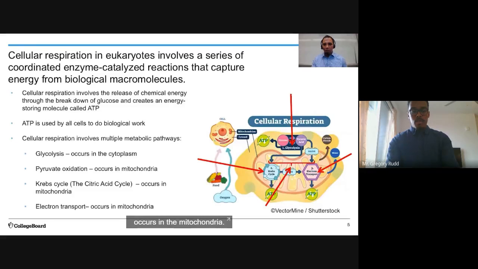So actually, let me add one more thing. Glycolysis, I can't spell. We've got these 4 processes that we were talking about. Number 1 is glycolysis. Number 2 is pyruvate oxidation.